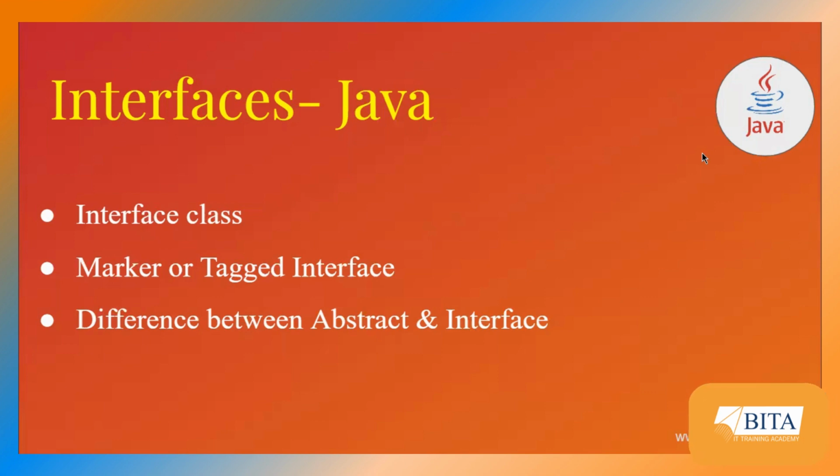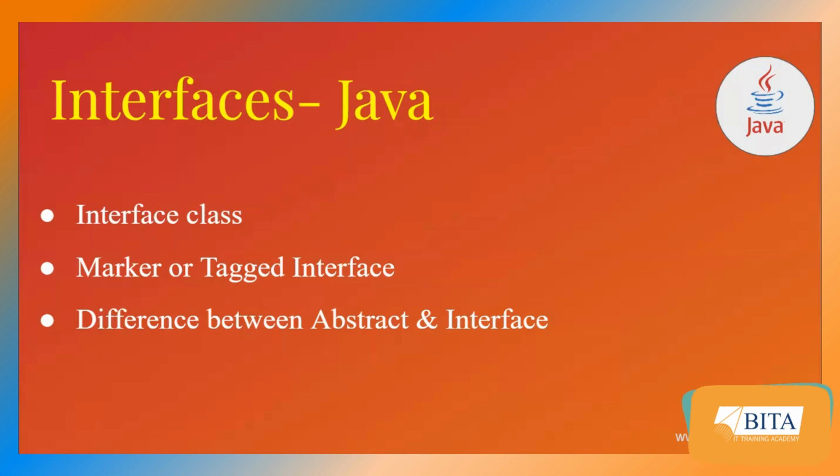In abstract, we can have final, non-final, static and non-static variables, but in interface, we can use only static and final variables. Abstract also provides implementation of interface, while in interface, we don't have the implementation of that interface. Clear? So this is the difference between abstract and interface.